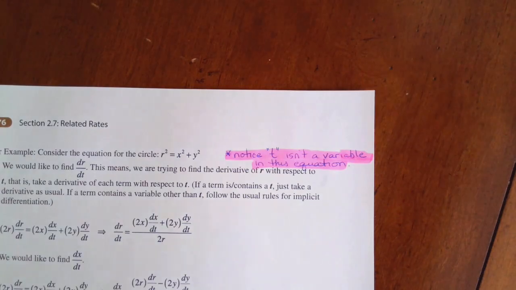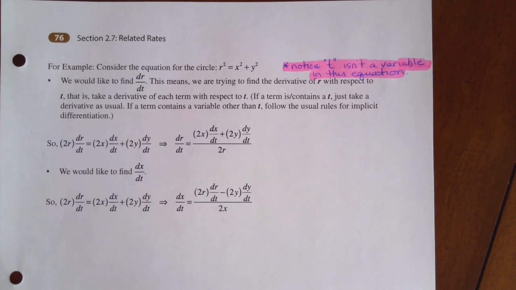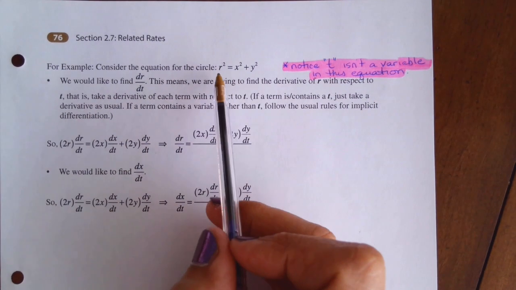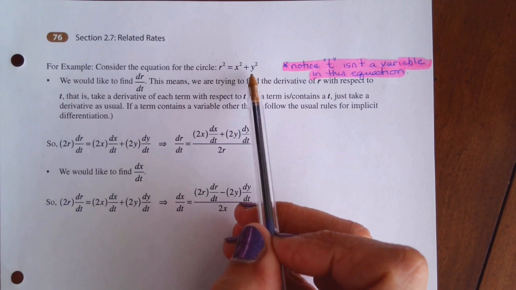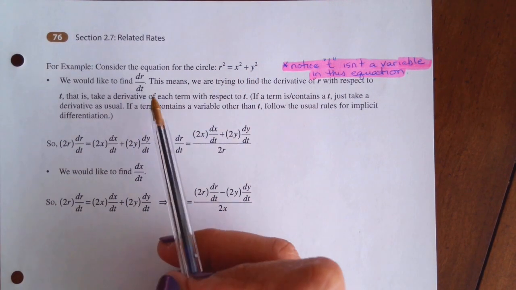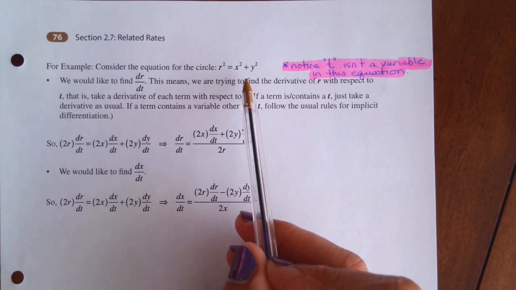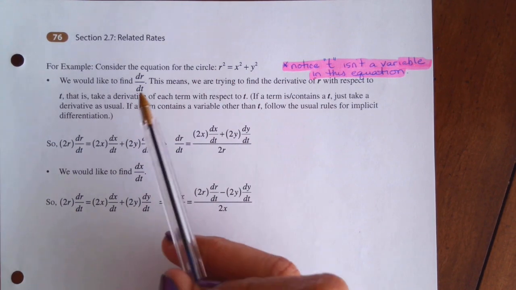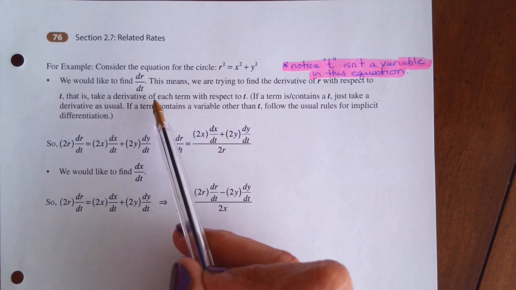So here's an example of that, just real quick on the notes that you've already looked at. The very first example on your notes is about this formula, r squared equals x squared plus y squared. And in this example, you went through and found dr/dt. Okay, well, notice that t is not a variable in here, but you can still find the derivative of this equation with respect to t.